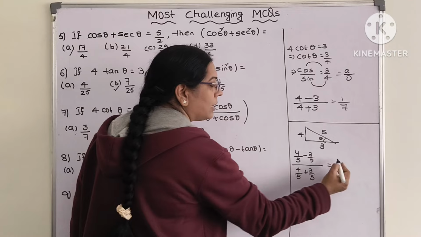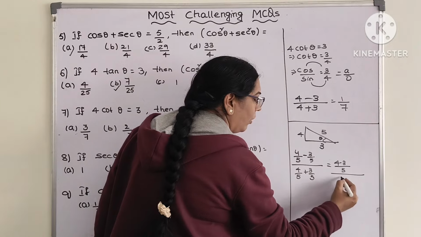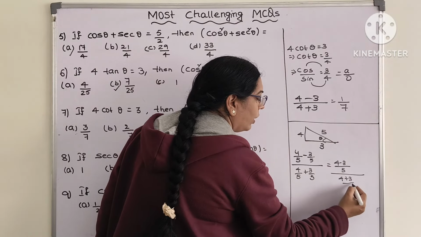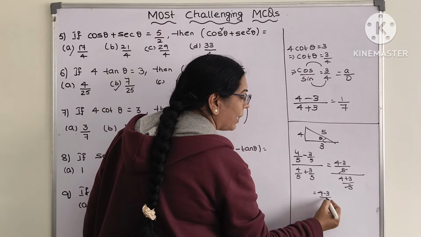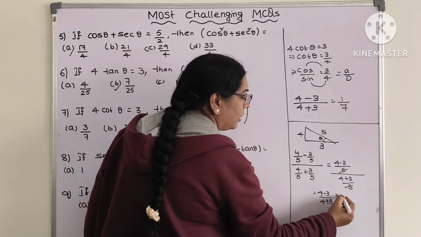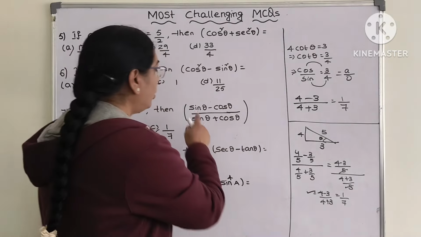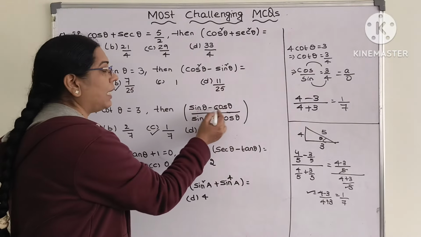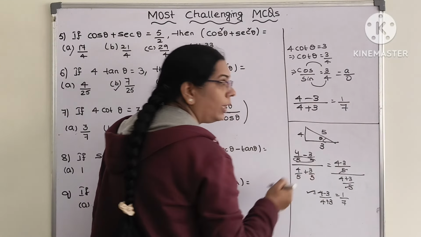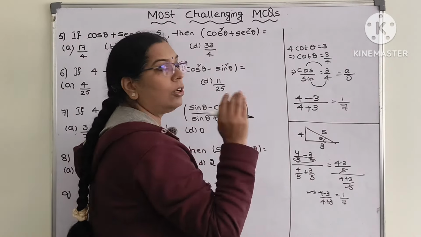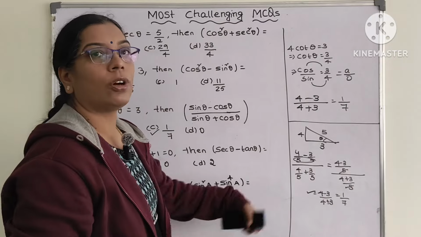Since the denominators are the same, you can write it as 4 minus 3 by 5 and 4 plus 3 over 5. And 5 is cancelled. So you will get the same answer, which is 1 by 7. So we know since these are in division form and sine and cos, the denominators will always be the hypotenuse. What did I do in my short trick? I ignored the hypotenuse. I just added and subtracted the numerators and got the value.